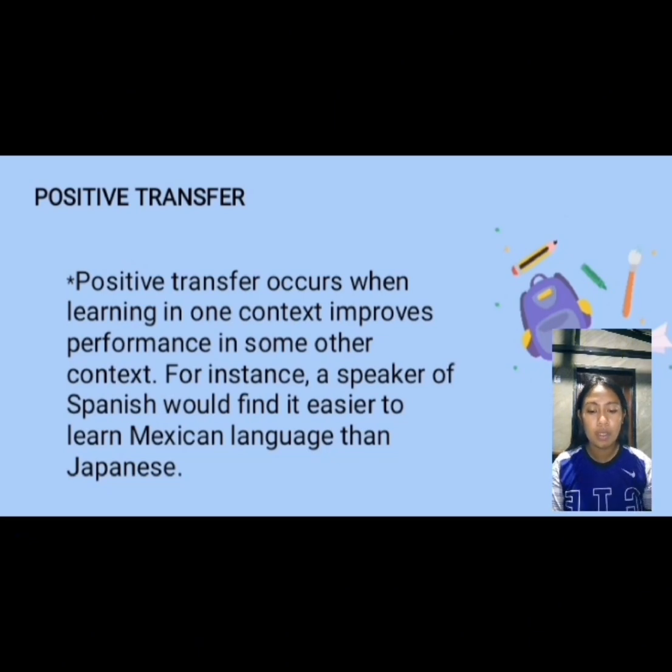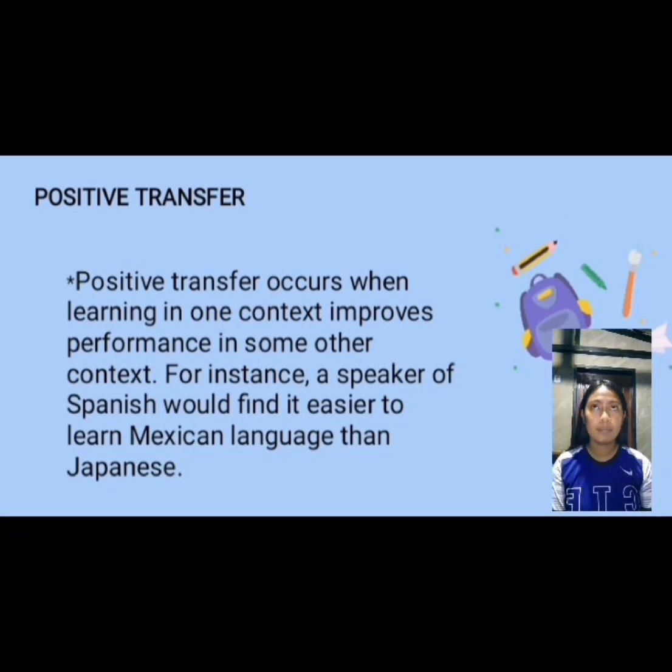So, when we say positive transfer, it is when we can use what we have learned in other things, or old things we have learned that can help us to learn other things or activities.